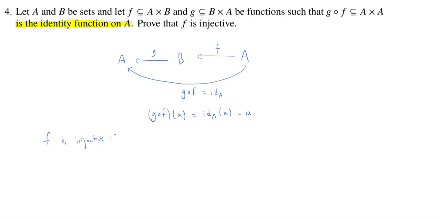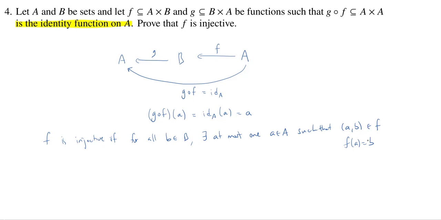Okay, so F is injective if for all b in B, there exists at most one a in A such that (a, b) is in F, or if you prefer, F of a is equal to b. Okay, so these mean the same thing.